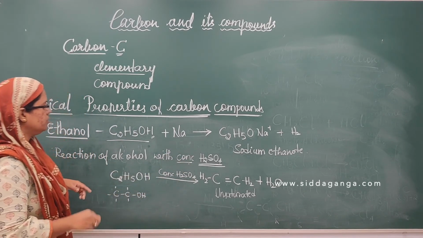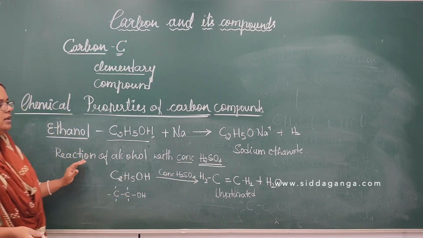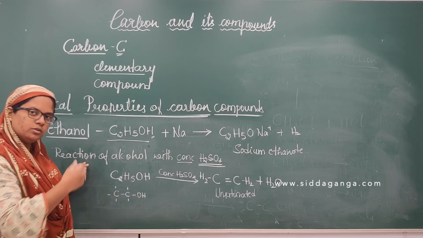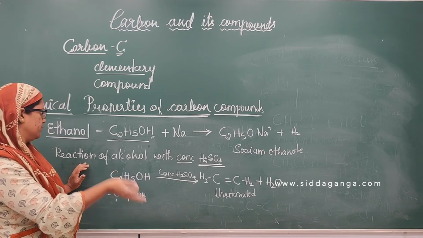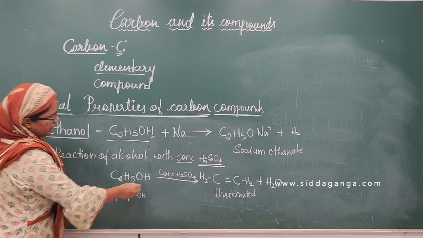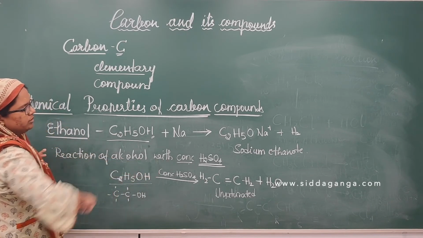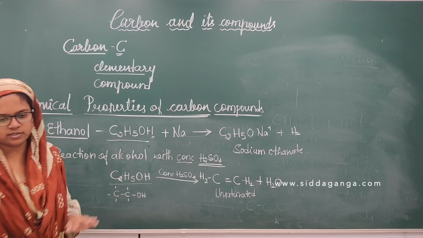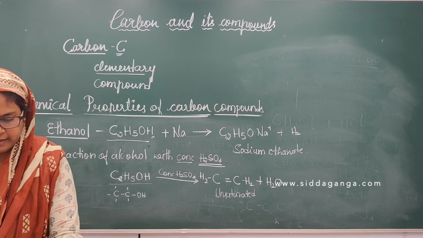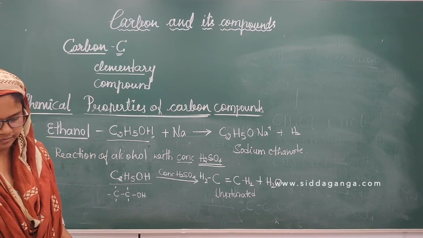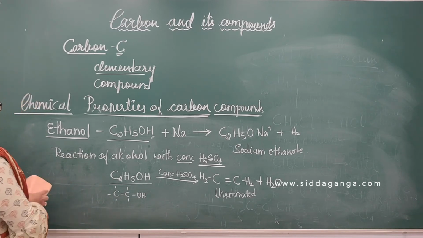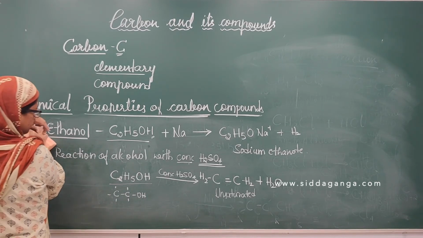Right? So how do we convert saturated hydrocarbons to unsaturated hydrocarbons? Using ethanol we can show this equation. Hope you understood this concept. So let's move further with different compounds of carbon.